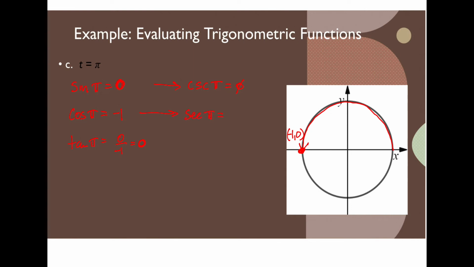Secant of pi is -1. The reciprocal of -1 is still 1 over -1, so still -1. And we can see that the cotangent of pi will be undefined as well. So in this case, the cosecant and the cotangent are both undefined.